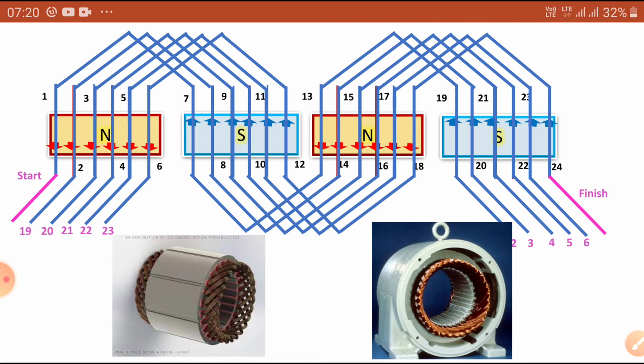Then, based on the given constraints, we took one problem and did the simple calculations. After that we prepared the winding table based on the back pitch and front pitch. Based on this winding table, I connected all the lines to complete the winding. So this is the complete winding table procedure, dear students.